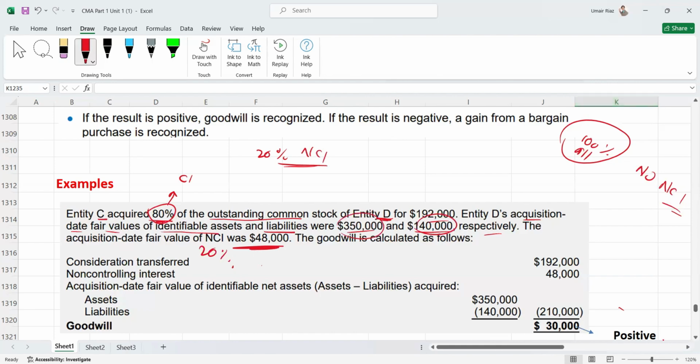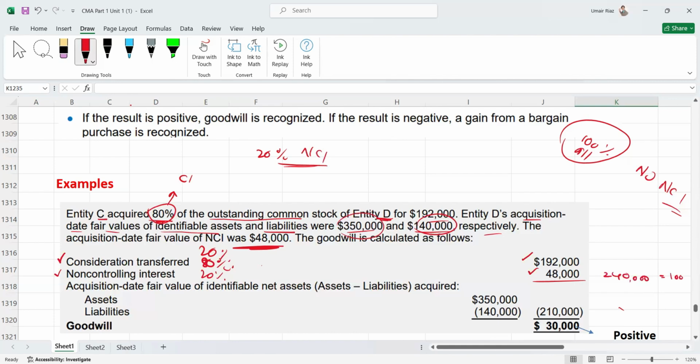First of all, we take the consideration transferred. This is for 80% now: $192,000. Then you take the fair value of non-controlling interest, which represents 20%: $48,000. If you add these two values, it is going to be $240,000, right?